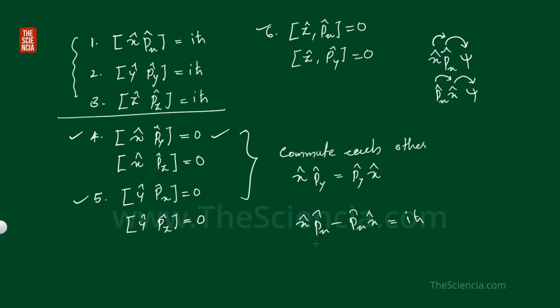That means if px first operates on the state, then x operates on that state, we will get a value, and that value is not equal to the one when the position operator first operates on that state and then the momentum operator. There will be a difference of i h cross. So x and px will not commute.